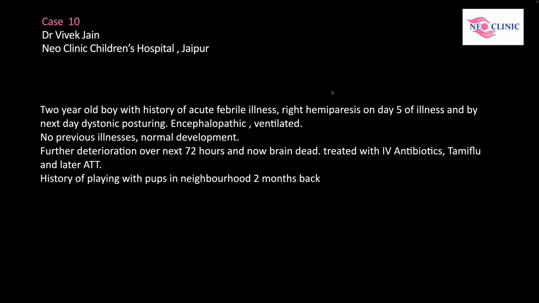Over the next 24 hours he came to us, posturing and encephalopathic, so we ventilated him, but he was well before, with no previous illnesses. We did continuous EEG monitoring because there was suspicion of seizures. His EEG showed diffuse slowing for the first 24 hours, but over the next 72 hours it became flat. He was treated with IV antibiotics and acyclovir.